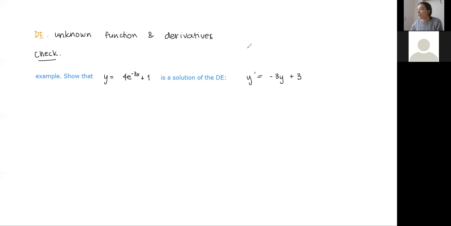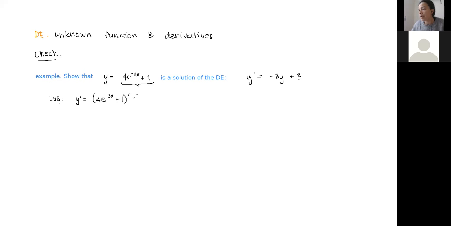Right? And so if we want to do something like this, all that we have to do is plug this function for y into my differential equation. So I'm going to verify the left-hand side and the right-hand side, and then I'm going to see if they match. On the left-hand side, if I plug in my function, y prime would be equal to (4e^(-3x) + 1) prime, right?